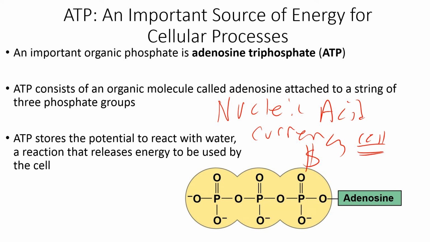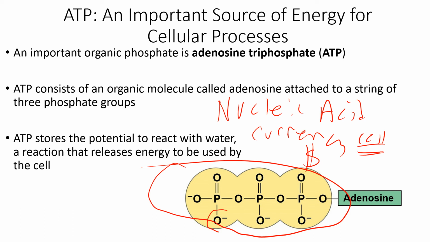Now, notice, these three phosphate groups really don't want to be attached to one another. So this is very, very unstable. ATP doesn't usually stay in this form for very long. It usually is going to be broken apart to release energy. You have a phosphate group with a negative charge attached to another phosphate group with a negative charge, attached to another phosphate group with a negative charge.